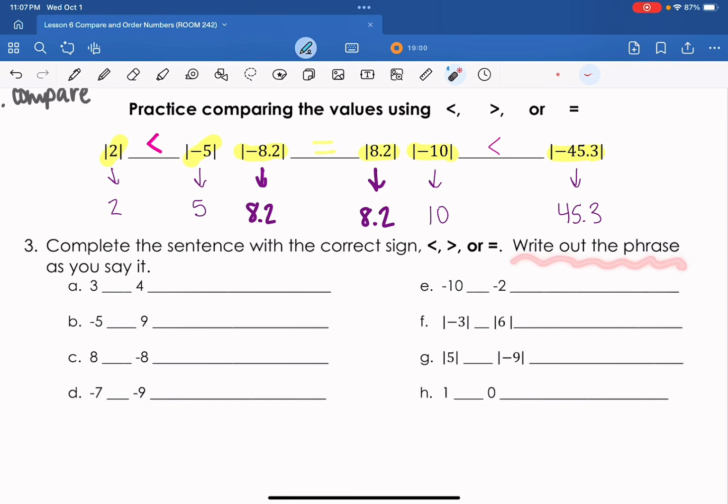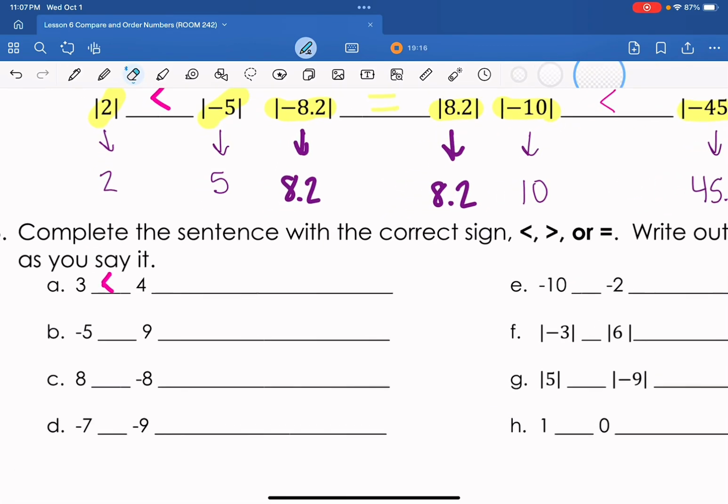Okay? So 3 is less than 4. So I'm going to point my beak towards 3. And to write that in, I'm going to zoom in.